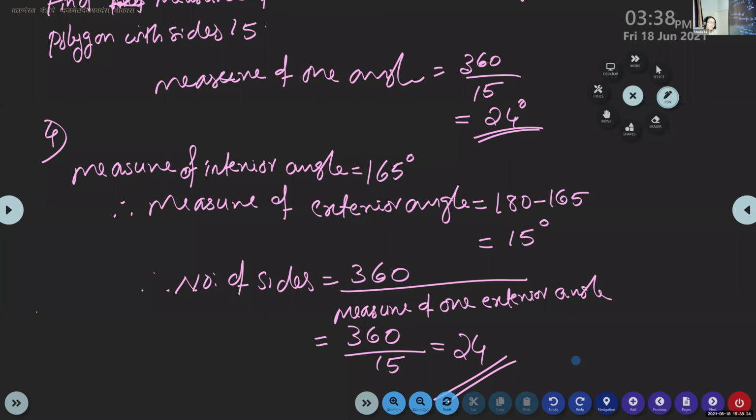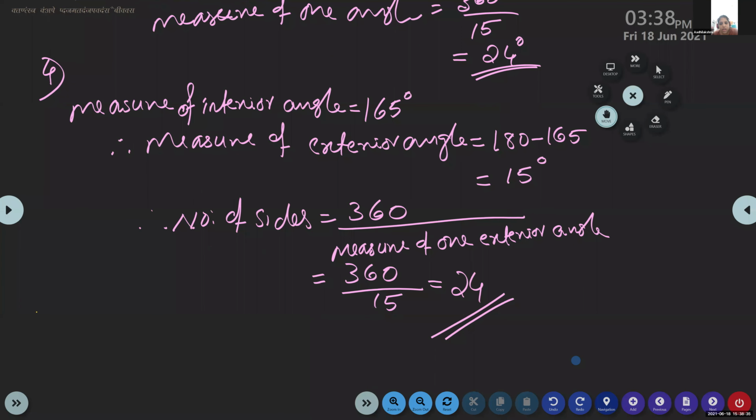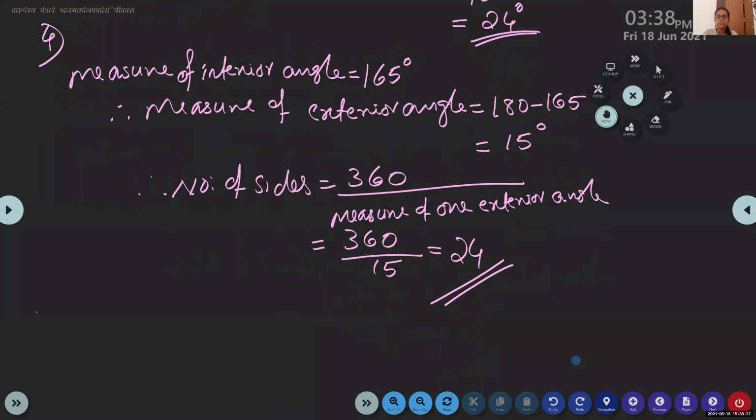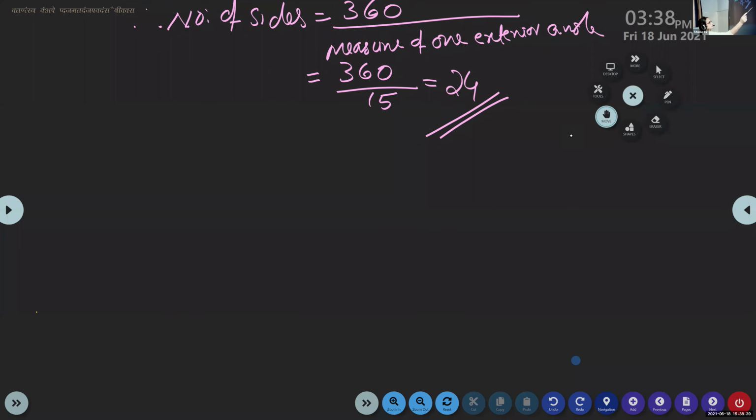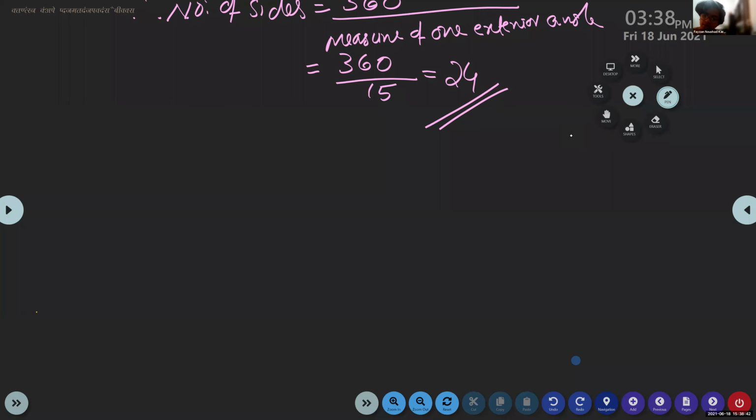Which is the minimum regular polygon? What was that shape? Ma'am, triangle. Minimum regular polygon.